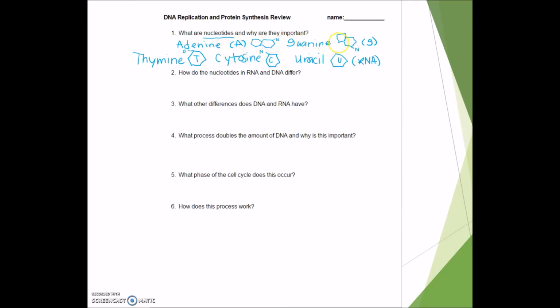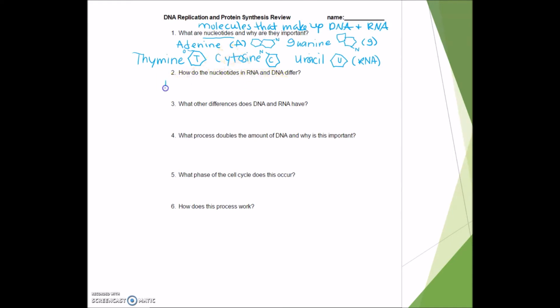The rest of these are found in DNA. So this kind of leads us to our next question. And so I guess if we're going to say what are nucleotides, these are molecules that make up DNA and RNA.